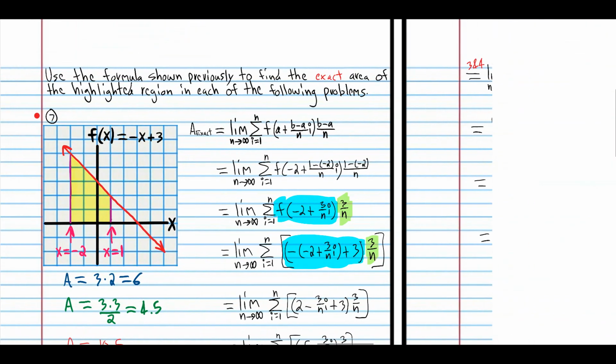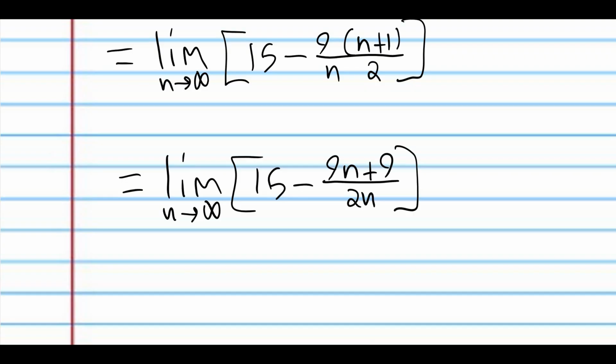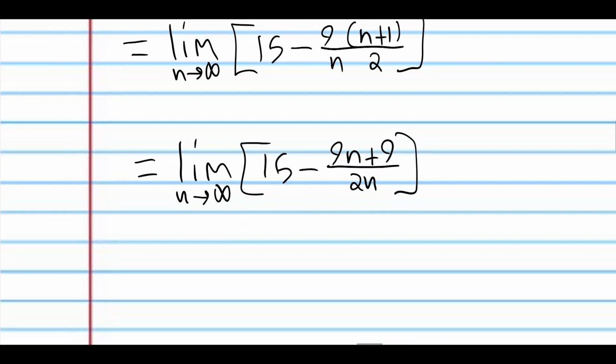However many rectangles you want to use, you just plug in that number for n. And this is an estimate. The estimate gets better and better the more rectangles you have, the bigger n gets. But if you want to find the exact area, well, we find the limit as n approaches infinity.